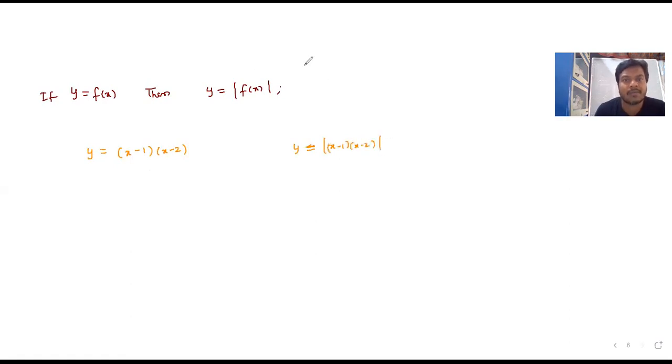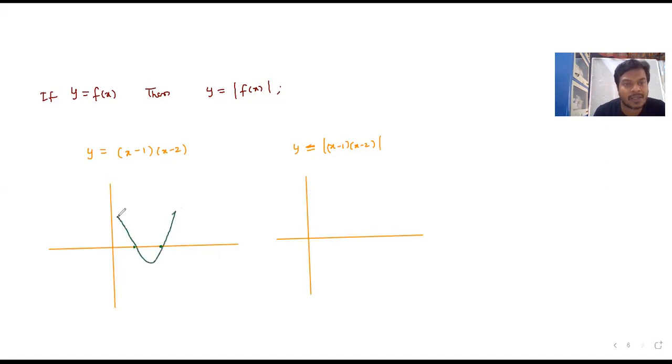Observe. Y equal to (x minus 1) into (x minus 2) indicates a parabola passing through x equal to 1 and x equal to 2. This is the graph of y equal to (x minus 1) into (x minus 2).